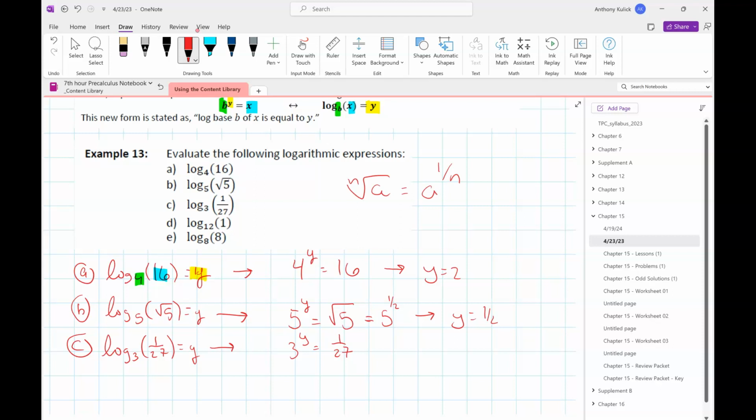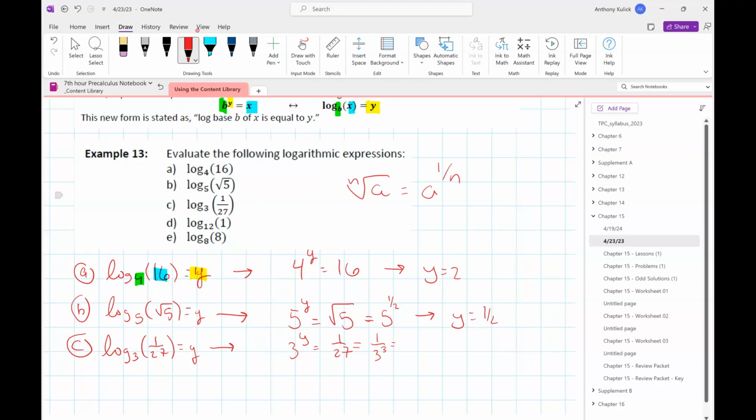So again, I take b to the y is equal to x. Now, the way this is currently written, it's not super obvious how to figure out what the y is. So what I'm going to do is I'm going to work on that 1 over 27. 27 I recognize as 3 to the third, right? Everybody's okay there?